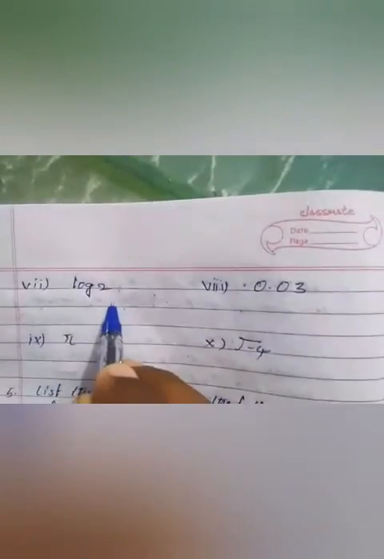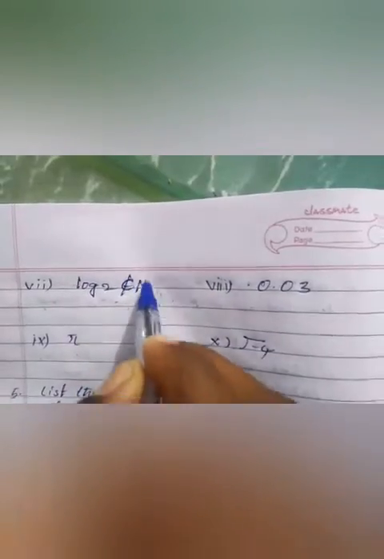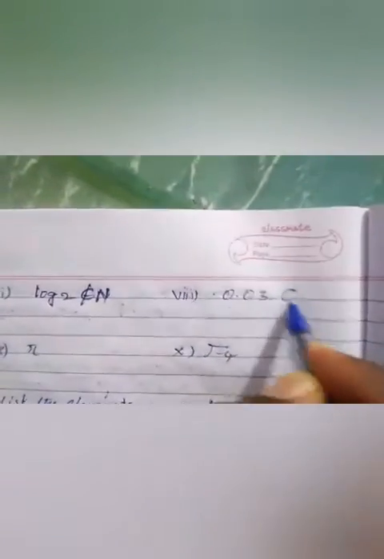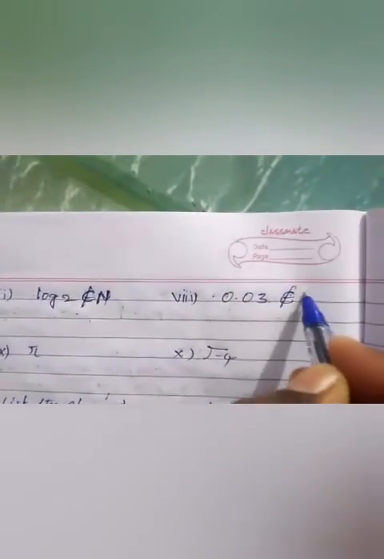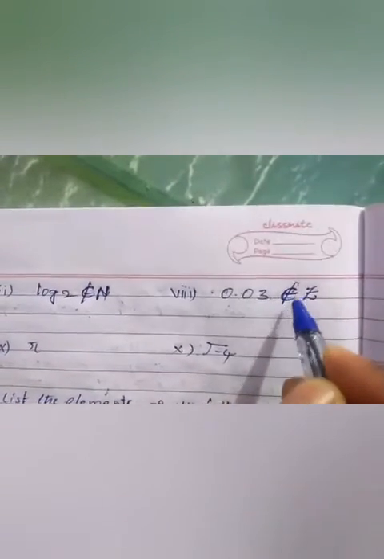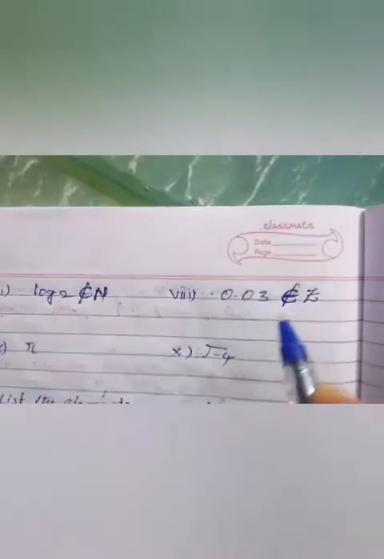Next, log 2 does not belong to N. And 0.03 does not belong to Z, which contains even and odd numbers.